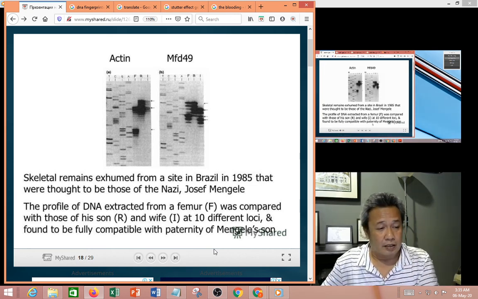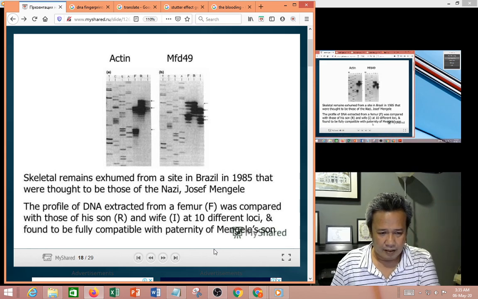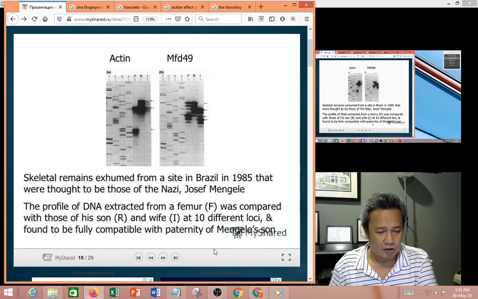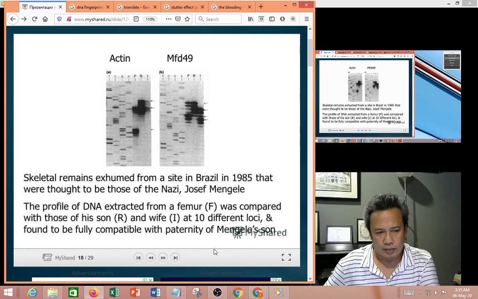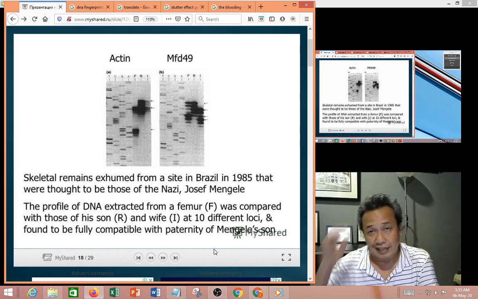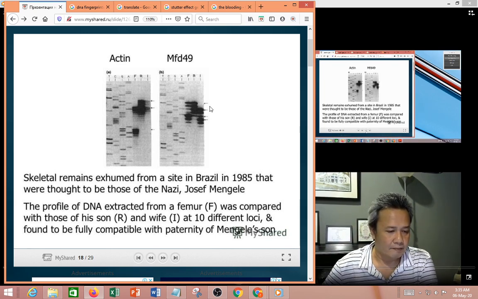This one is a case where they exhumed Joseph Mengele, and then they did some profiling of the skeletal remains to prove whether this is the husband or not. So of course this one shows that this is the son, this is the mother, and this is the father. There are alleles being shared, so that supports the evidence.